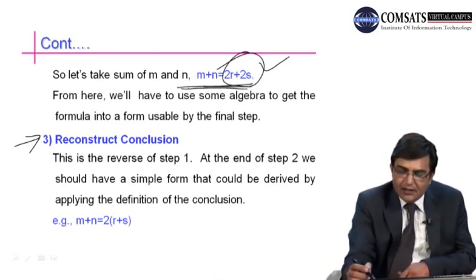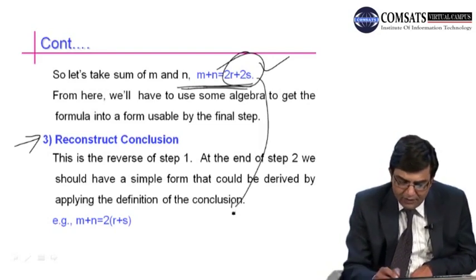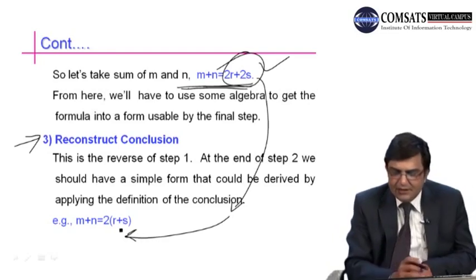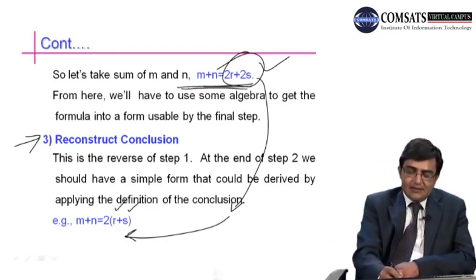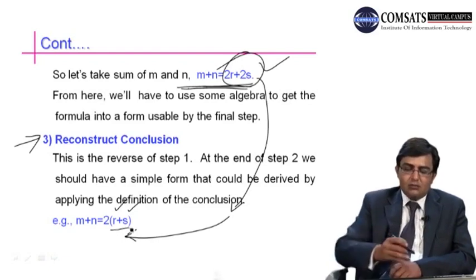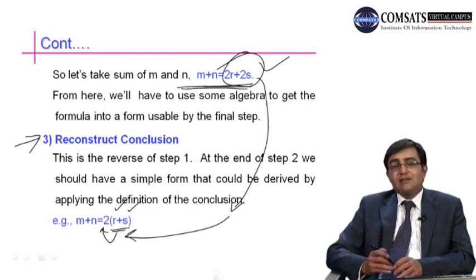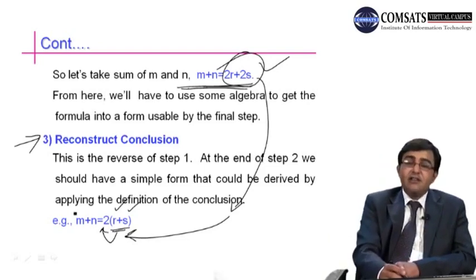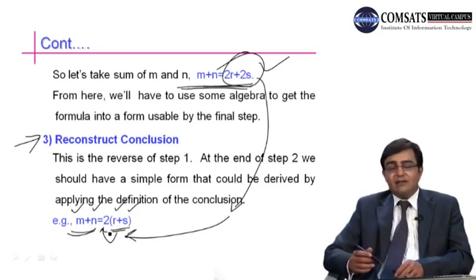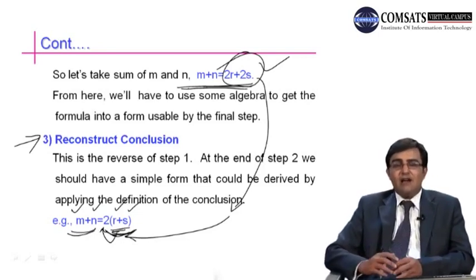So from here we take 2 common, and r is an integer, s is an integer. The sum of two integers is an integer, and this integer is multiplied by 2. So this becomes also an even integer. If we take up the sum, the resulting integer is also an even integer. So this is what we have proved in the third step.